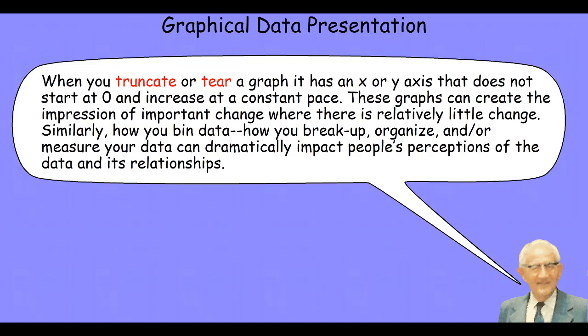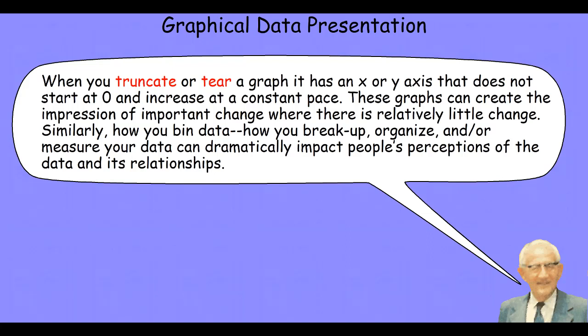For instance, when you truncate or tear a graph, that graph has an X or Y axis that doesn't start at 0 and increase at a constant pace. These graphs can create the impression of important change where there's relatively little change, or conversely, the impression of relatively little change when there are significant and important changes.